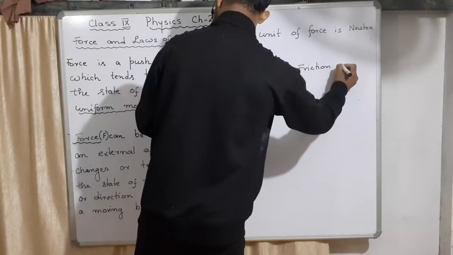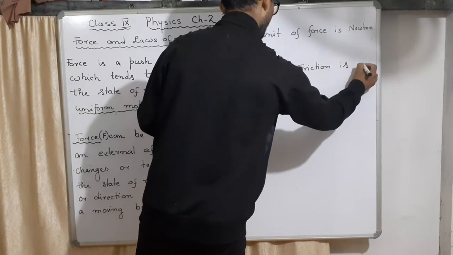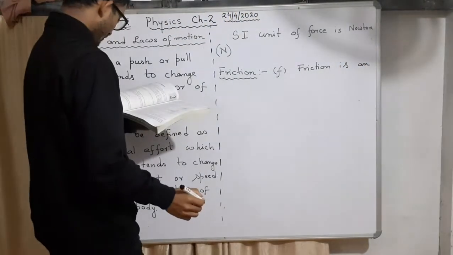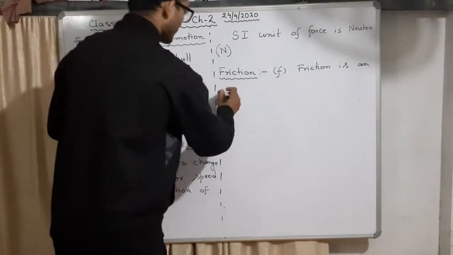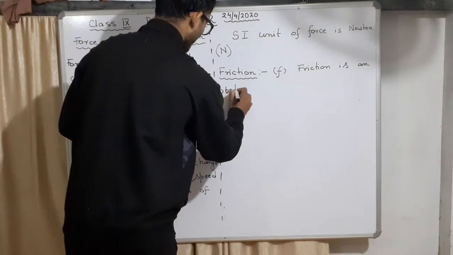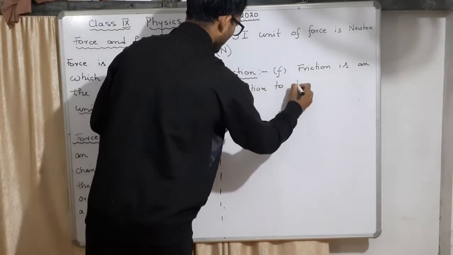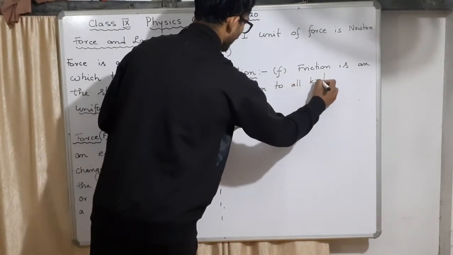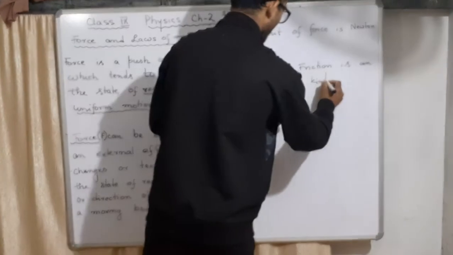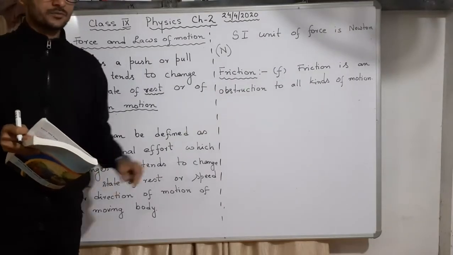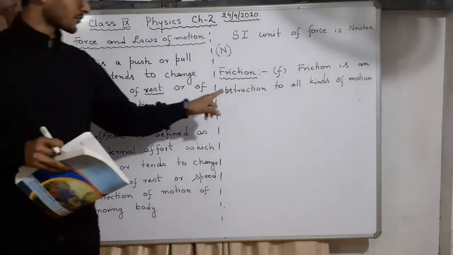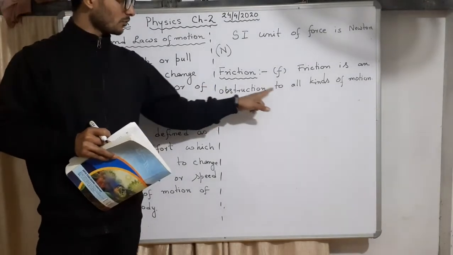Friction is an obstruction to all kinds of motion. Friction is an obstruction, something which disturbs, opposite to all kinds of motion.